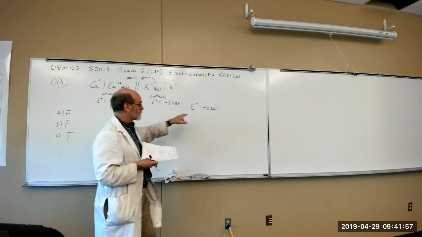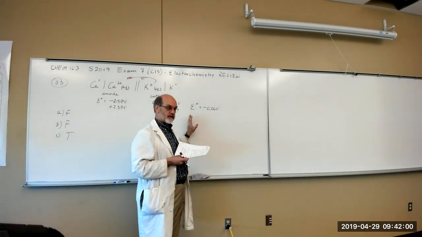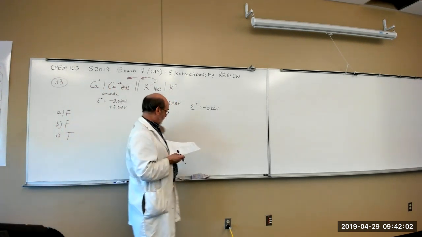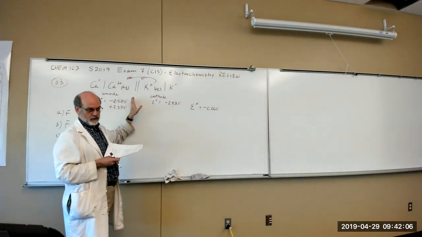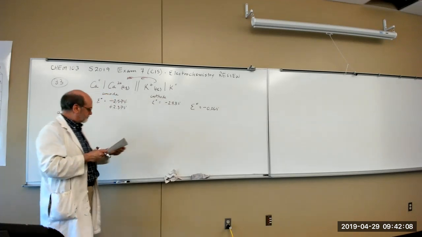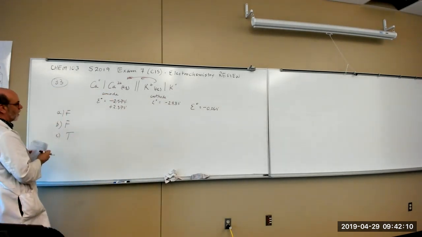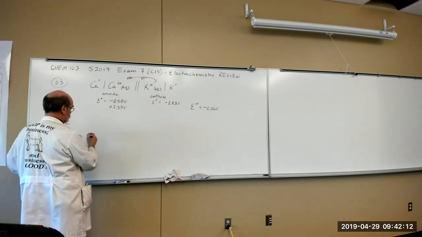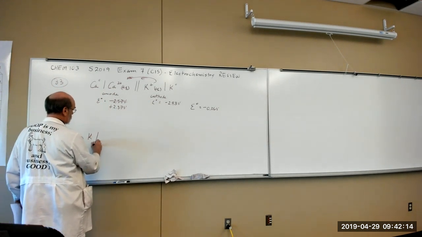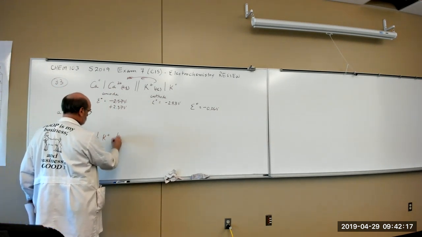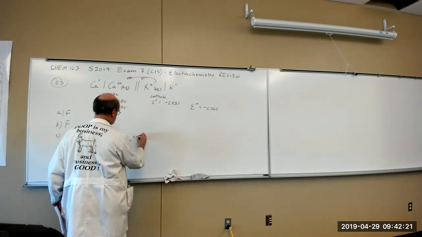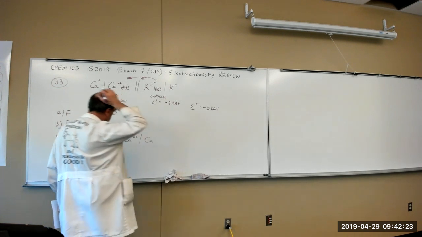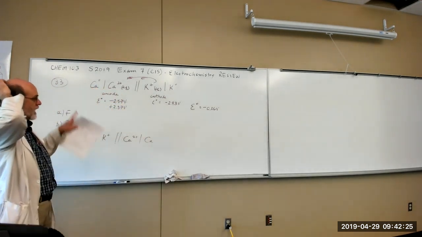Okay, using the Nernst equation, we find out what the true voltage is. If that's positive, then this could be spontaneous, but they would be non-standard conditions. But under standard conditions, to make this spontaneous, we would have to write it like this, and then put this one over here. That would be spontaneous under standard conditions.